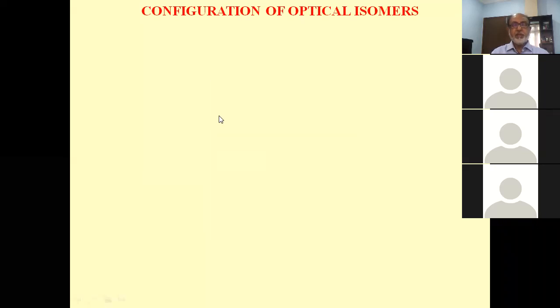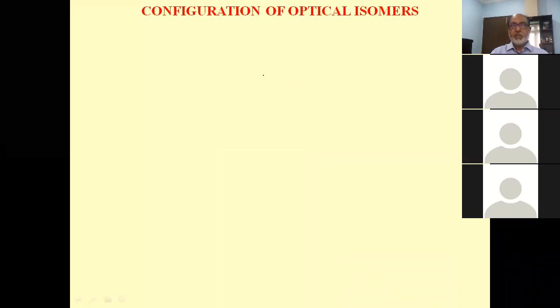Because here what we see, organic molecules have a three-dimensional structure. That means the positions of the atoms and groups have to be described in space, right? Some molecules are linear, some are trigonal, some are square planar, some are tetrahedral, some are octahedral.